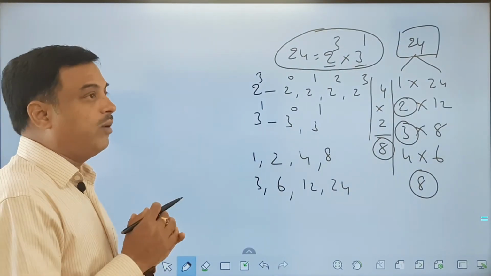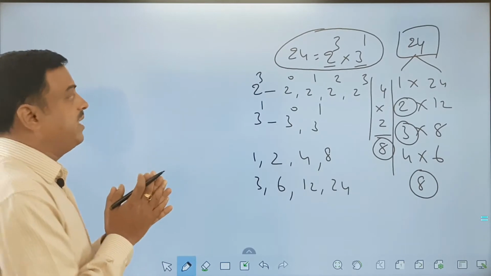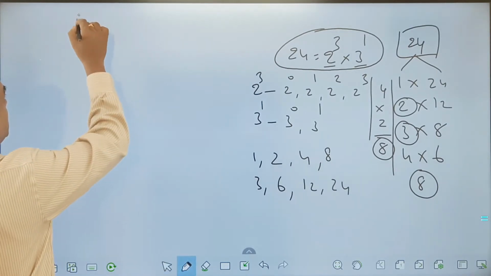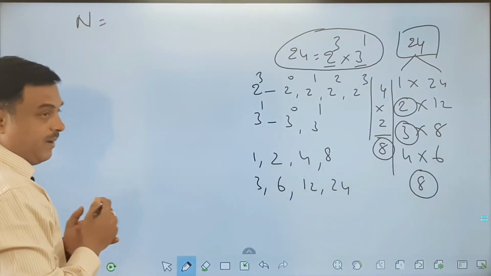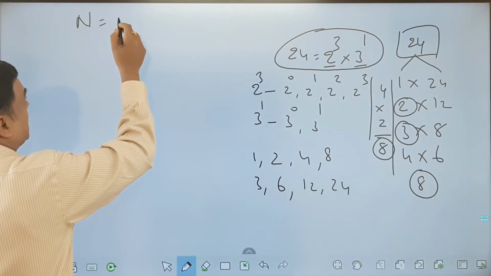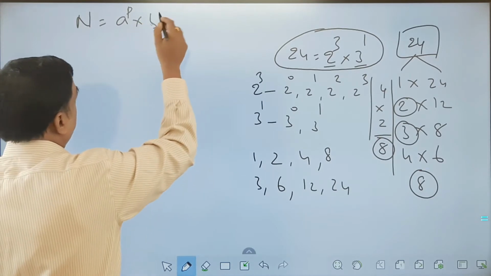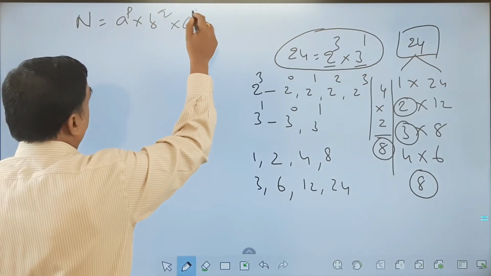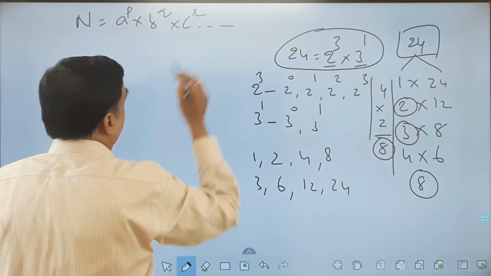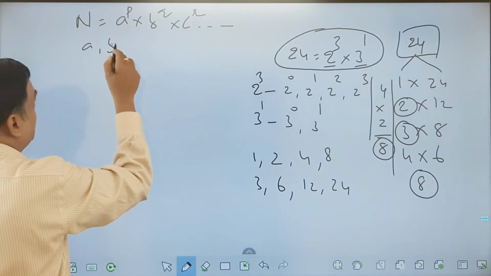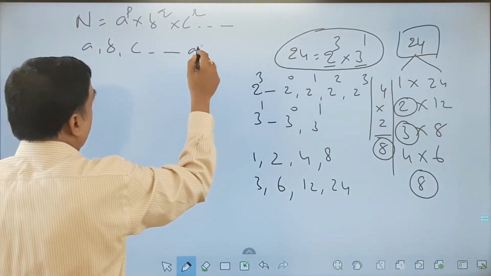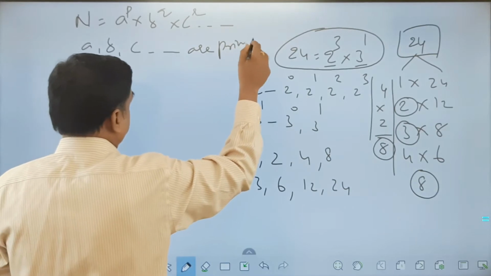Now the shortcut form, or the generalized method for this. Any number given to us, let us call it n, can be written in the form of a to the power of p into b to the power of q into c to the power of r and so on, in which we consider a, b, c and so on to be prime numbers, my friends.